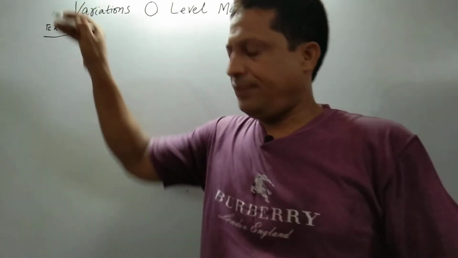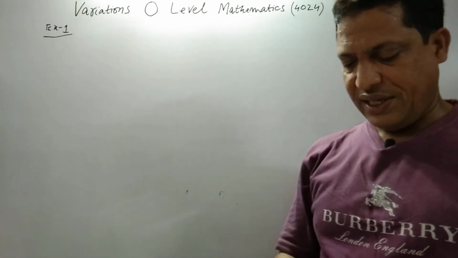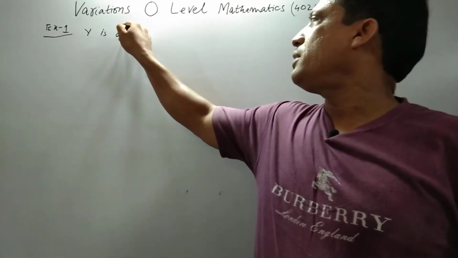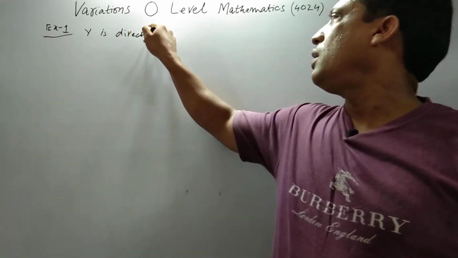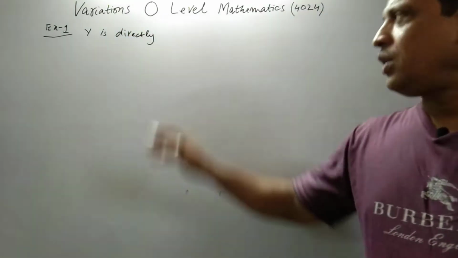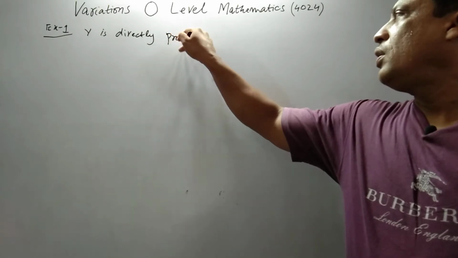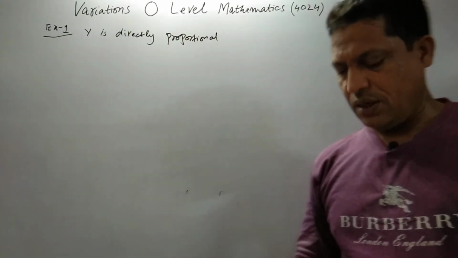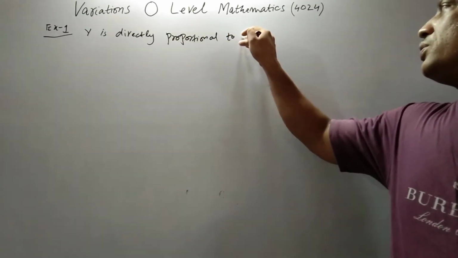Example number 1. The question is, y is directly proportional to x.